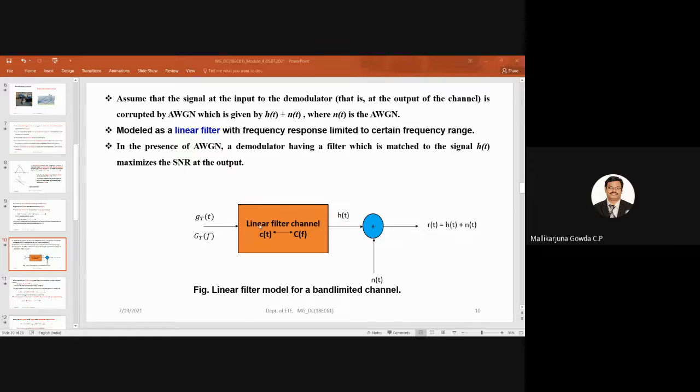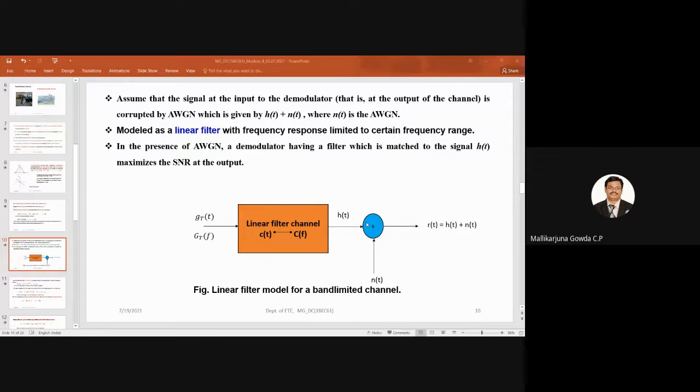The output of the channel in the time domain I represent as h of t, which is equal to C of t convolved with g_T of t. Accordingly, in the frequency domain I can write H of f is equal to C of f into G_T of f, right? So this is the channel.